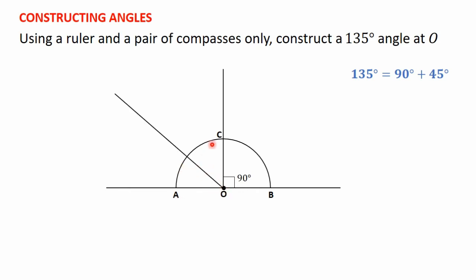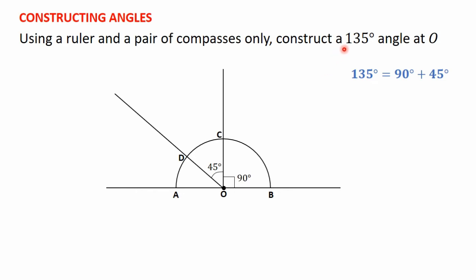So when we bisect angle COA, the angle formed here will be 45 degrees. Let's call this point point D. If the angle formed here is 45 degrees, then we can say that angle DOB is equal to 45 degrees plus 90 degrees, which will give us the 135 degrees angle we are looking for.